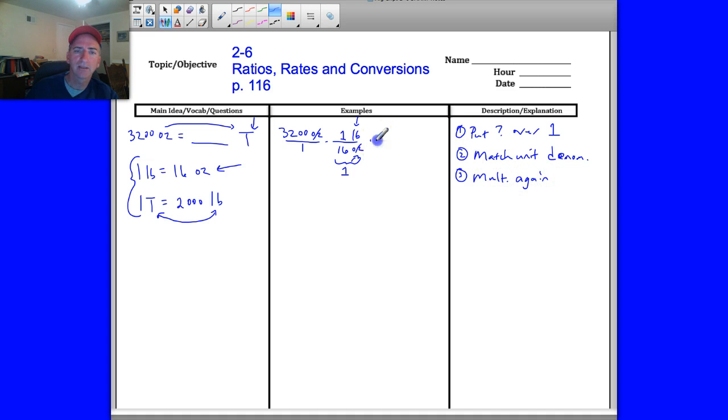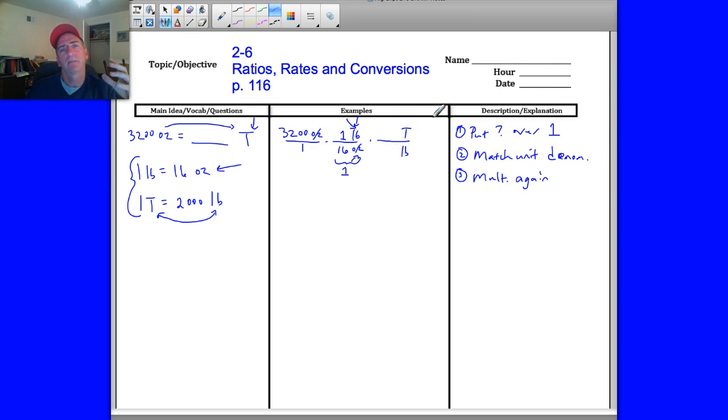What do you think is going to go down here? What unit? I hope you said pounds, because you're right if you did. They have to match to cancel out. Pounds has to go there. And now that I know pounds and tons that are equal, I can put tons there.